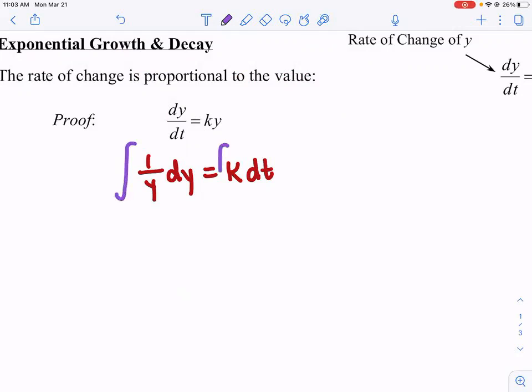So now let's integrate. When we take the antiderivative of 1 over y, we get the natural log of y. What about the antiderivative of k with respect to t? kt plus c.